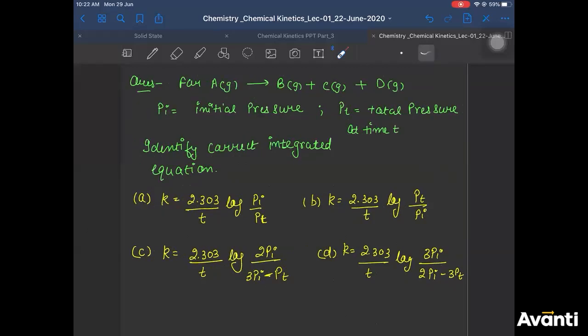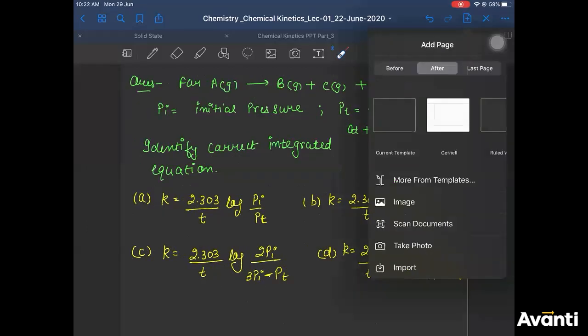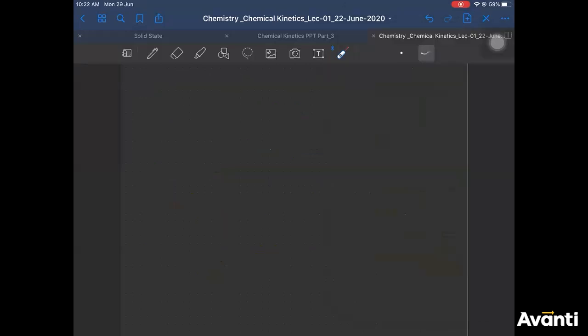All right, so let us solve what expression we can get. Our equation is A giving B plus C plus D. The point to note here is all of them are gases. If something is solid, you will not consider its pressure. So at T equal to 0, the pressure is P naught because the product will be 0 at that time.